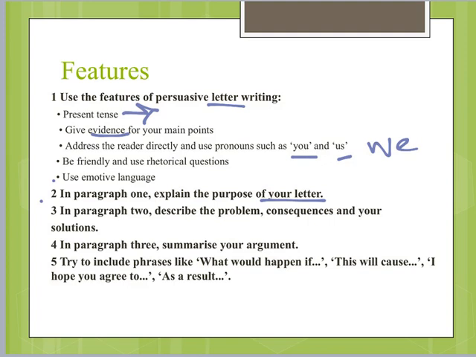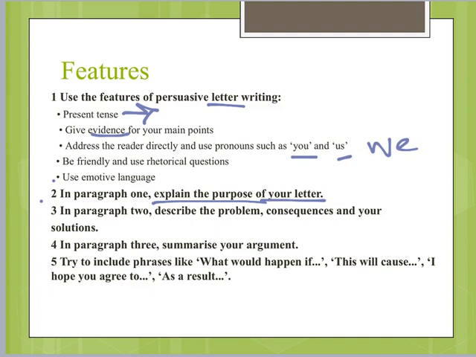So you're going to say, Dear Miss Salma, I'm writing to you today, for example, because you banned us from our break and I want to convince you to change your mind and to give us back our breaks, for example, or our PE sessions or activity sessions. Let me know the first thing that you're writing to convince me or to tell me about, the banning of our activity sessions or our breaks and so on.